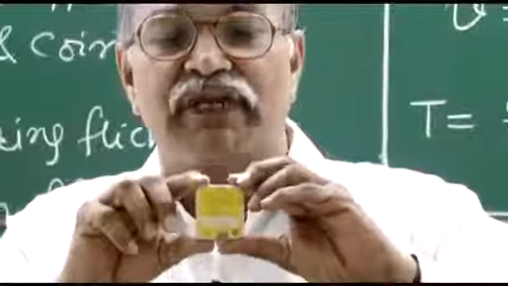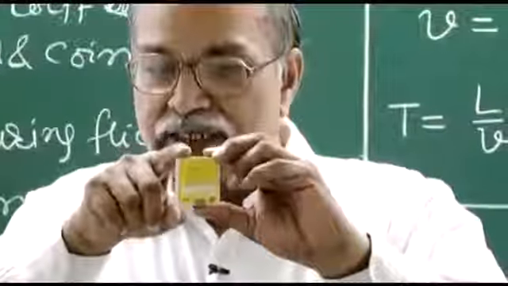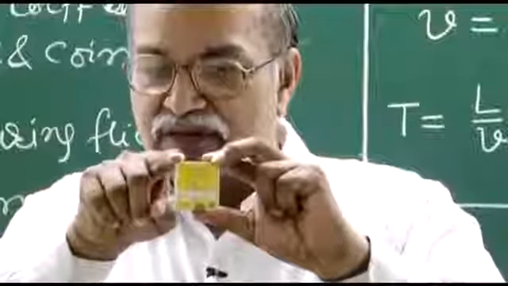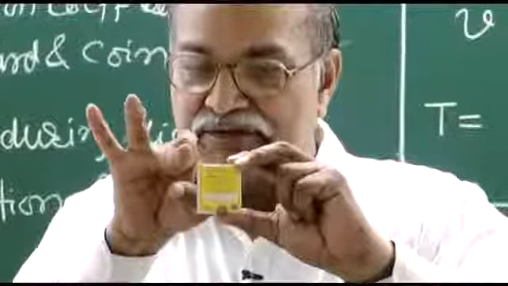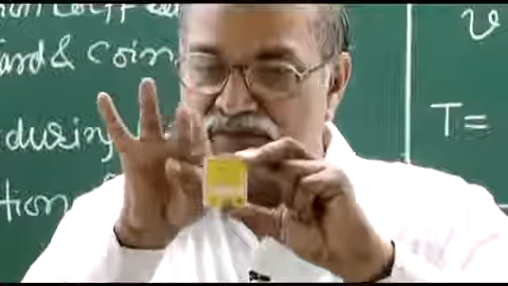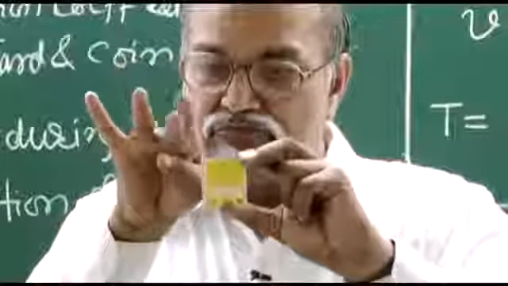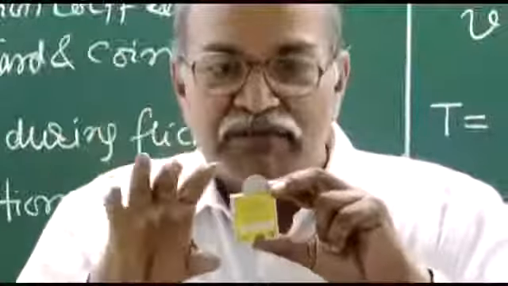Then I hold it from here and hit this other part of this matchbox with the fingers. So, let us see, and you see what happens to the coin. So, the coin comes out of the matchbox.